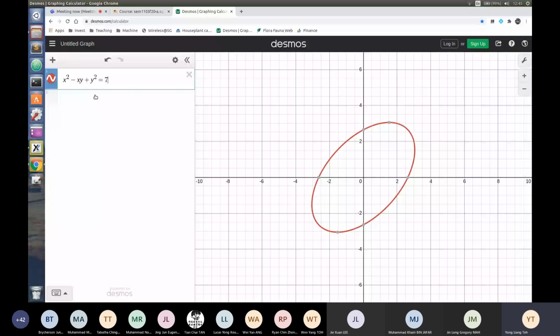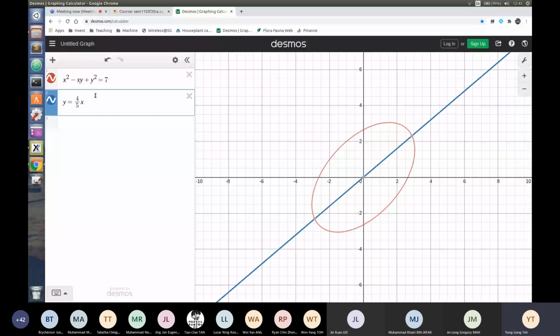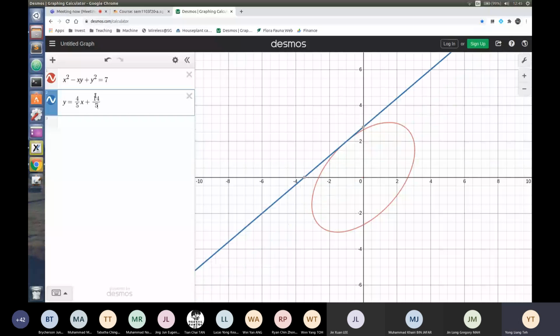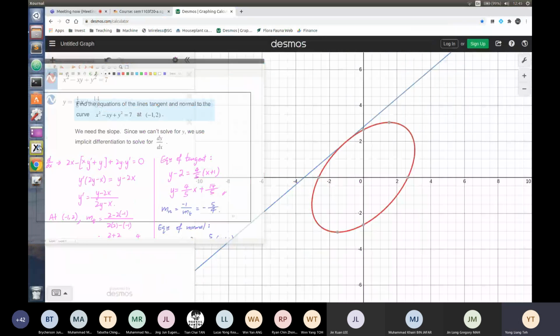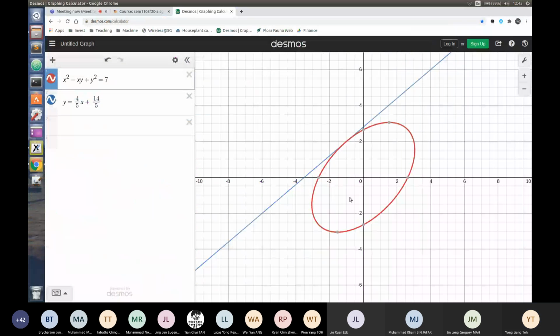Now I have my equation of the tangent, y equals 4 over 5 x plus 14 over 5. You can see this is actually right. It looks like a tangent at the point minus 1, 2. I think that looks legit.